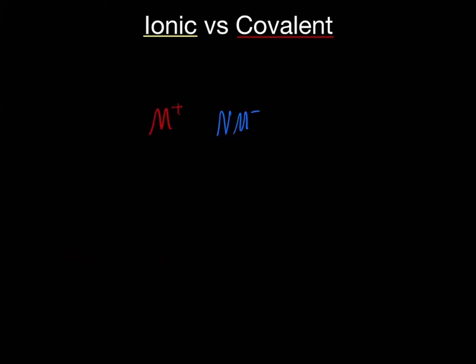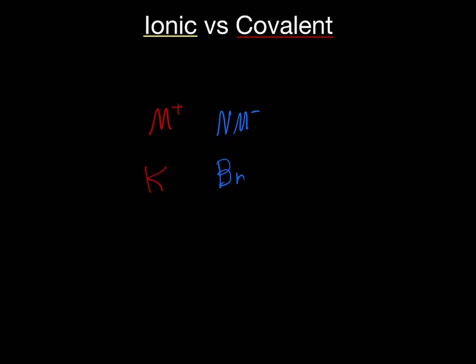In the situations we've looked at so far in ionic bonds, they've usually had 1 metal element bonded to 1 nonmetal element, which means that the metal would be made of, for example, 1 type of metal. In other words, let's just say potassium, and then the nonmetal would be something like bromine, where it's 1 type of element.